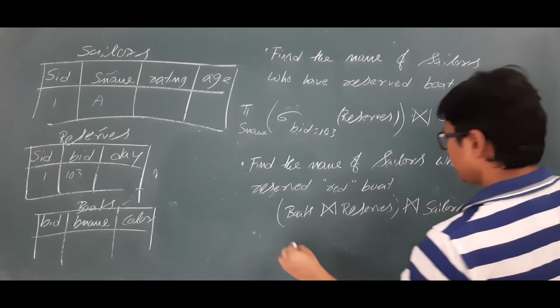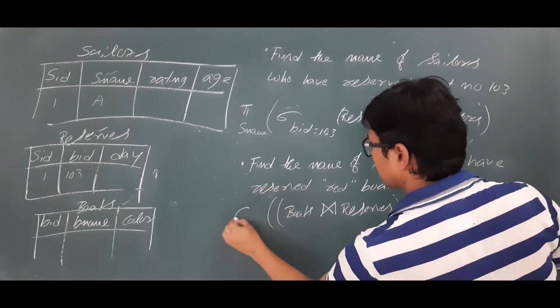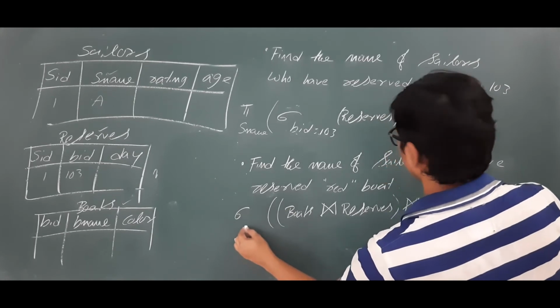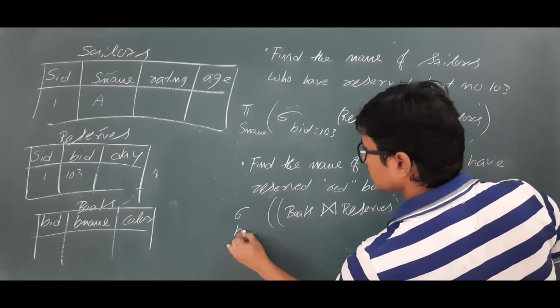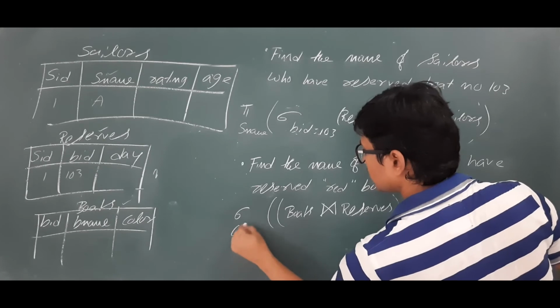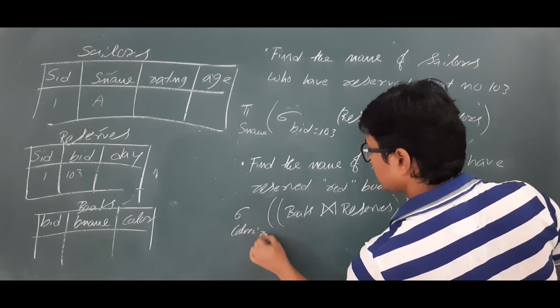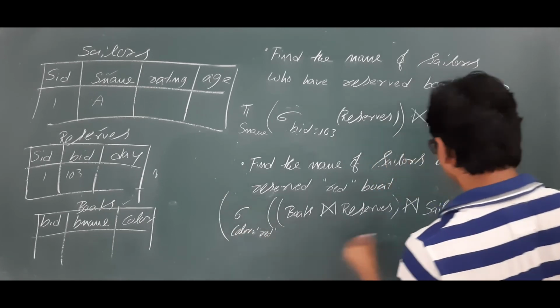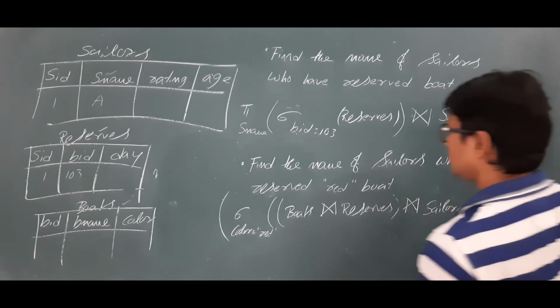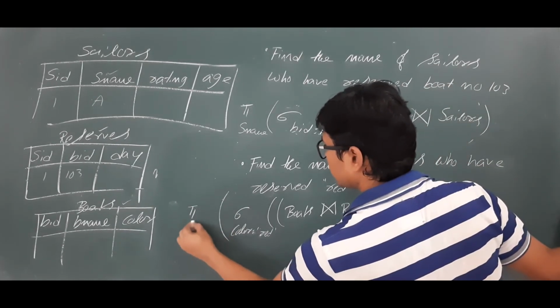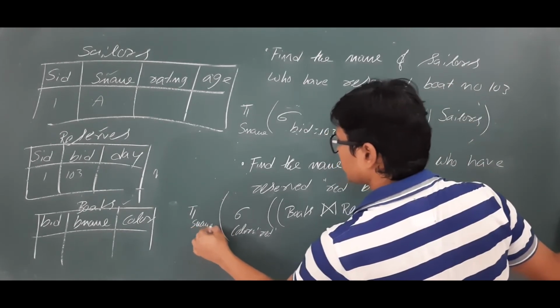To the whole result you will apply the selection operator with color equal to red. On top of that, you will apply the projection operator with sailor's name.